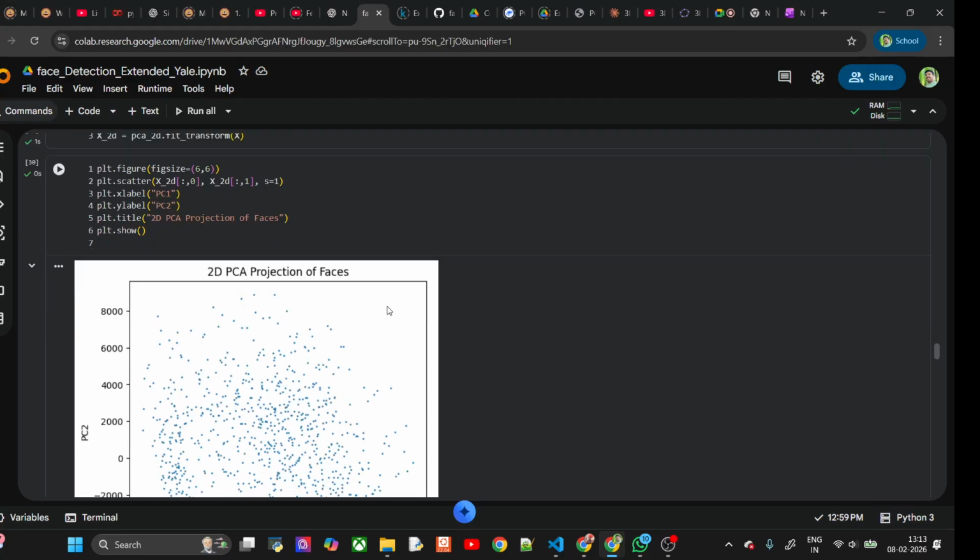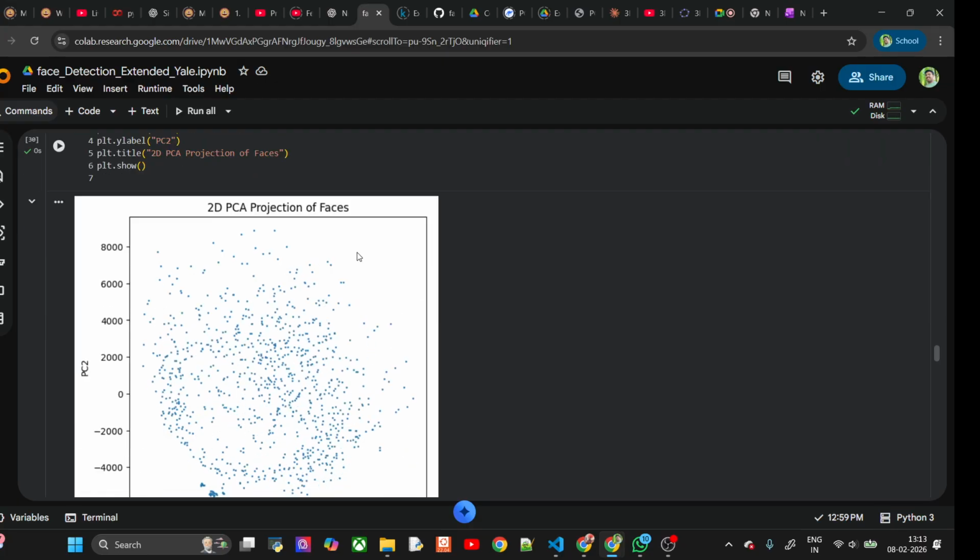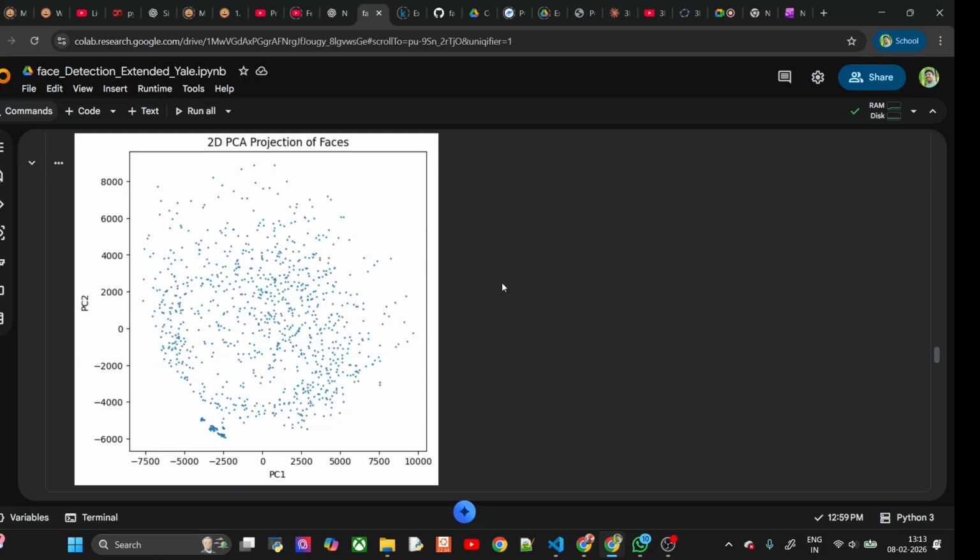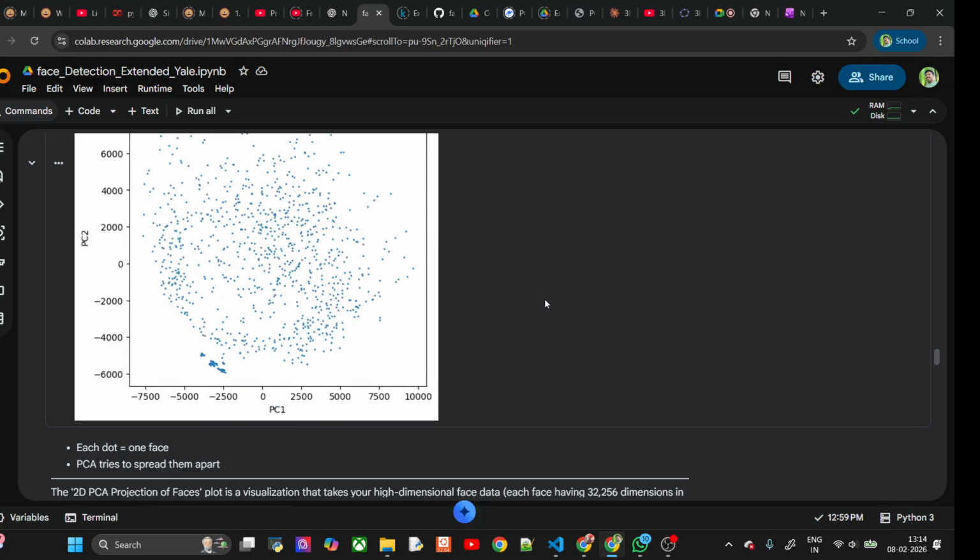So here I try to do projections on the faces. As I mentioned, I have 32,000 dimensions, but I don't want d equal to 32,000. Here I am using only PC1 and PC2, so I am projecting the data onto just two principal components.